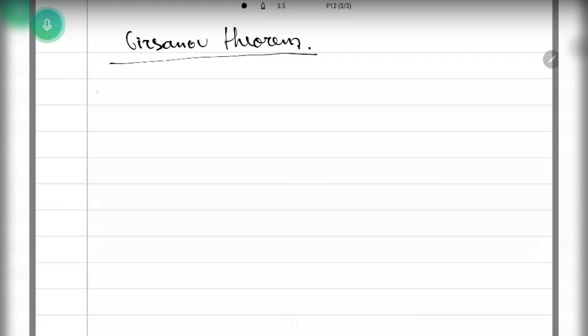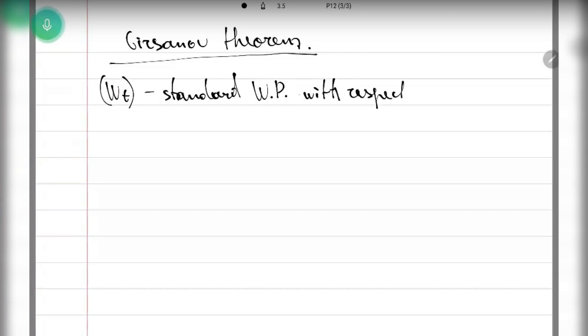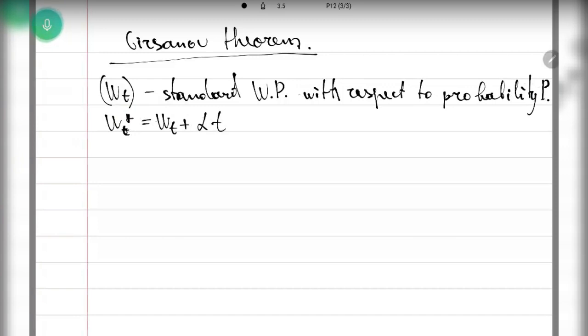And it says, imagine WT is a standard Wiener process with respect to probability P. And imagine that WT star is a drifted version of this Wiener process. So it's WT plus some alpha times T. So we have a drift.